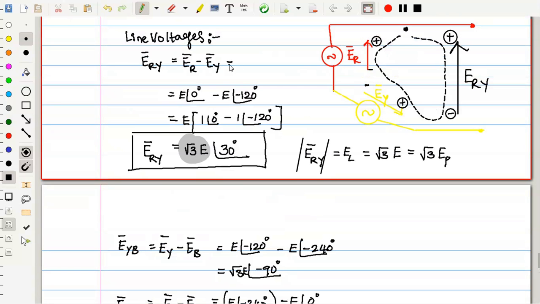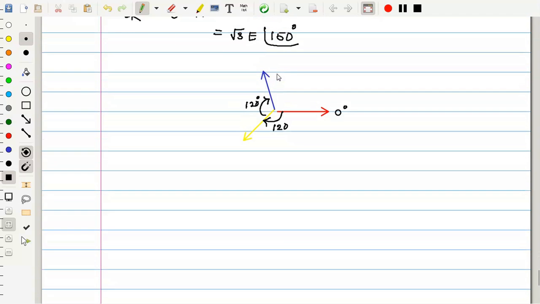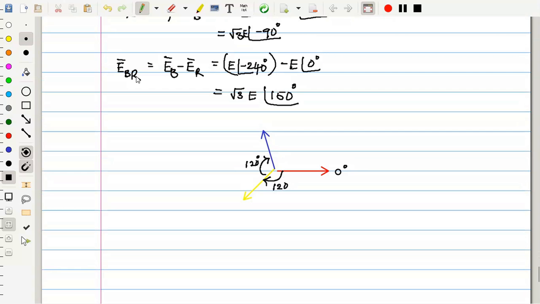Can I say this as like this? Generally, negative phasor subtraction will not be done. Instead of that, ER plus of minus EY means negative phasor addition. Now try to observe where is EY and take negative of that.